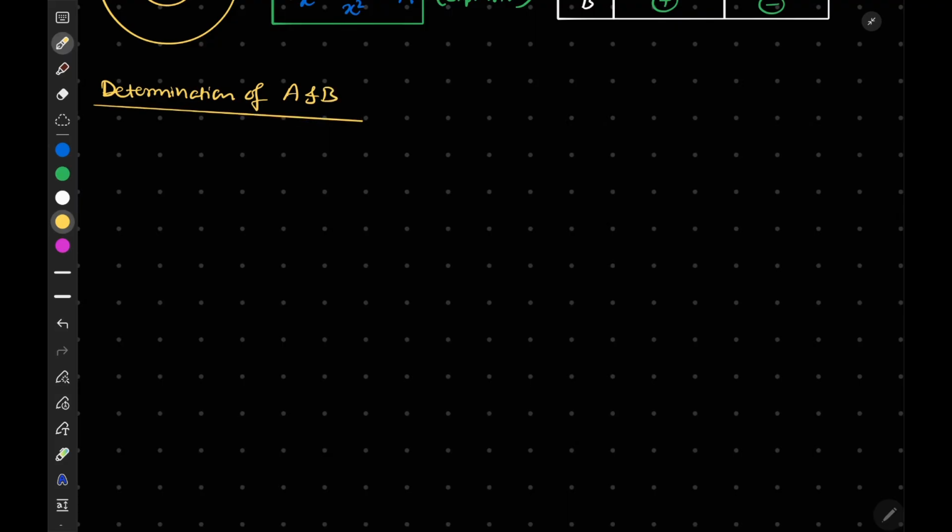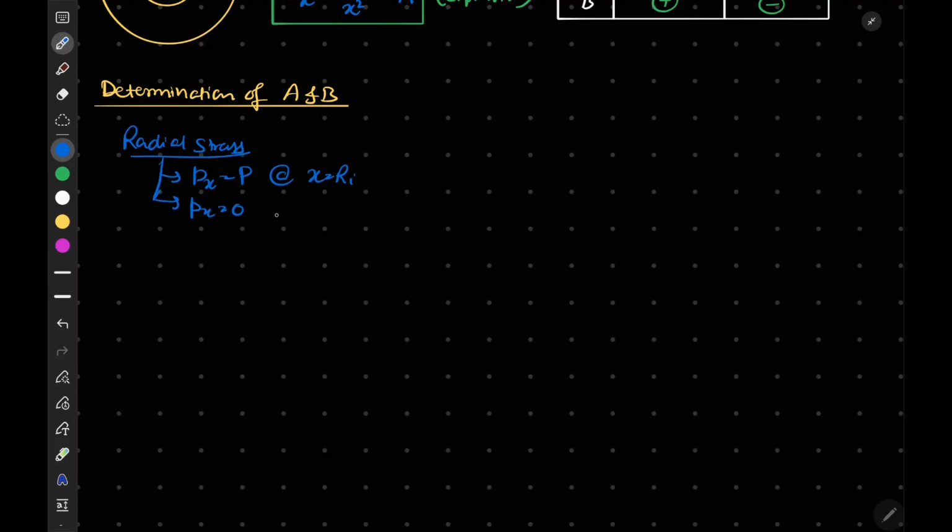For radial stress we know that px is equal to p at x is equal to ri, and px is equal to 0 at x is equal to r naught. And we know that px is given by b by x square minus a.